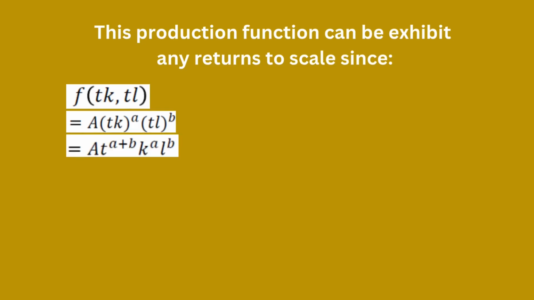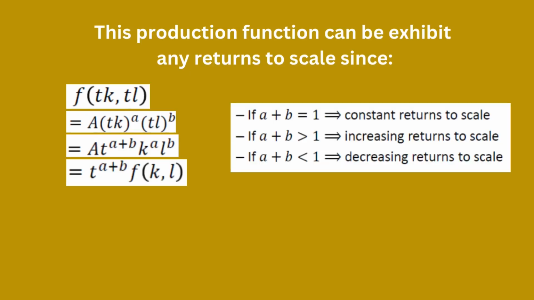We plug tK and tL into the function. After factoring, we see the output is scaled by t to the power a plus b. This is incredibly flexible. If a plus b is equal to 1, then it means constant returns to scale: double inputs and double output.